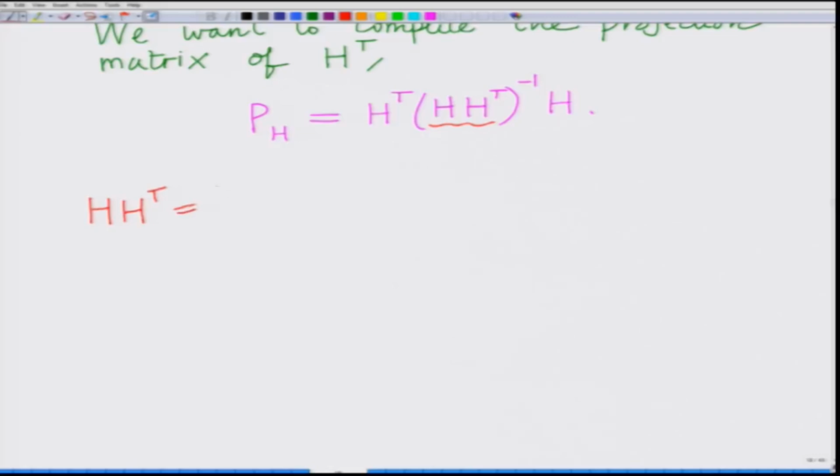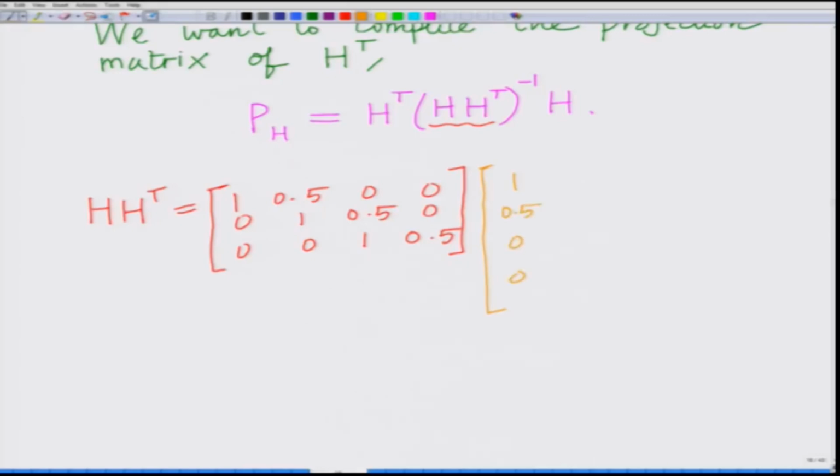We have already written down the expression for H, that is your 3 cross 4 matrix, which is 1, 0.5, 0, 0; 0, 1, 0.5, 0; 0, 0, 1, 0.5. And H transpose is 1, 0.5, 0, 0; 0, 1, 0.5, 0; 0, 0, 1, 0.5.